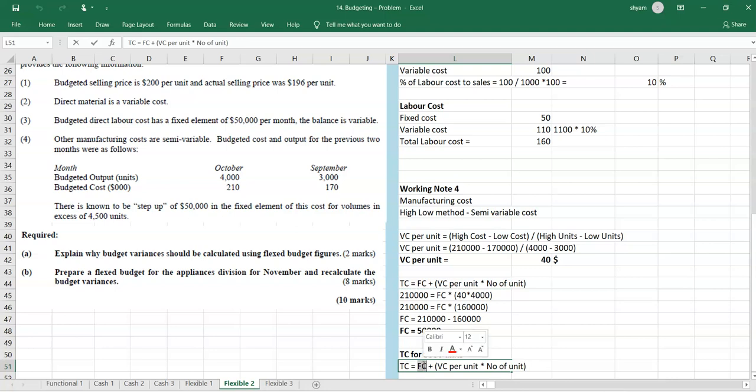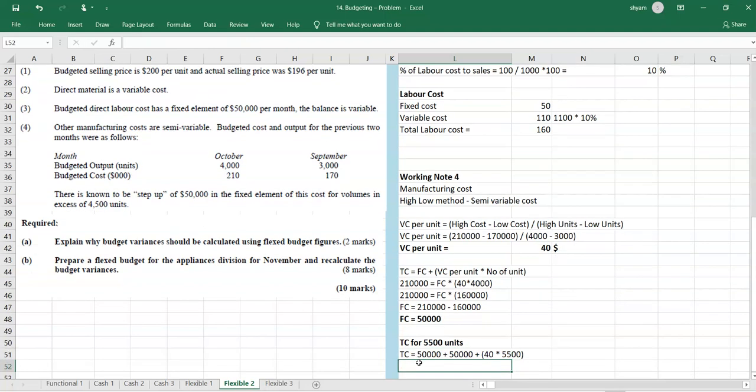Fixed cost is going to be 50,000 plus, they have also told us that whenever the number of units crosses 4,500 units, there will be an additional 50,000 of step up fixed cost. So that is another 50. The variable cost per unit is 40, and the number of units produced by the company is 5,500, which we are trying to find out. So what is the answer?